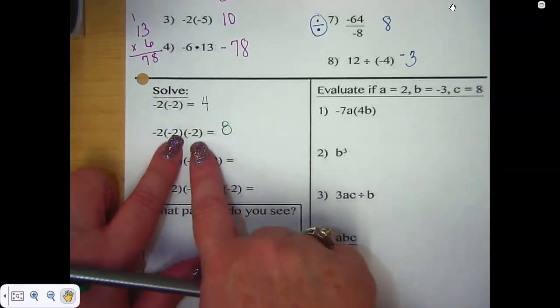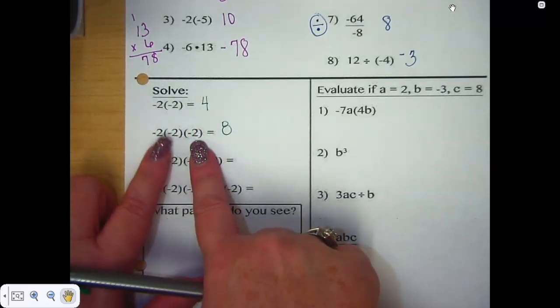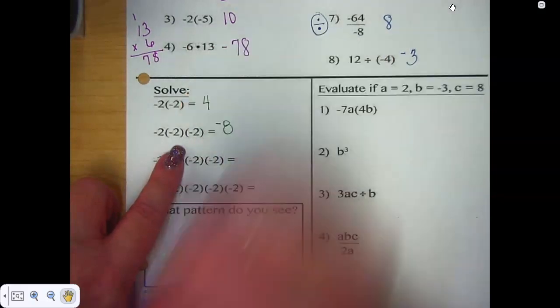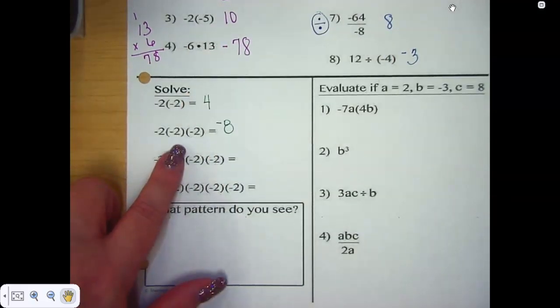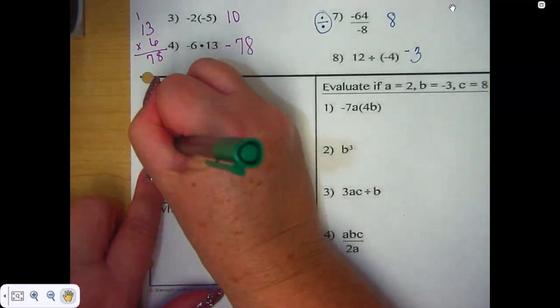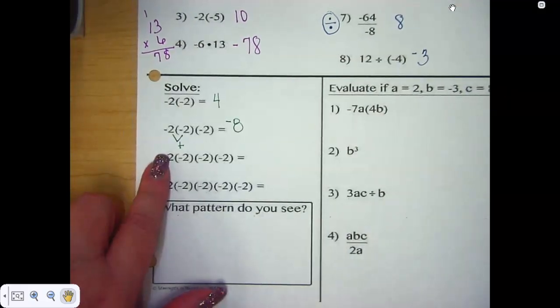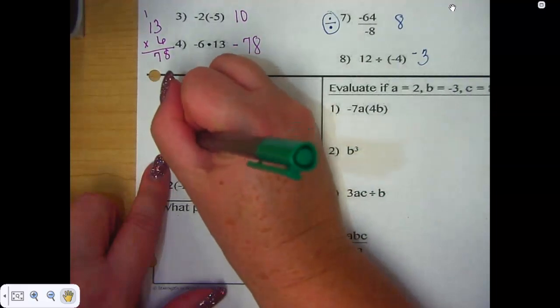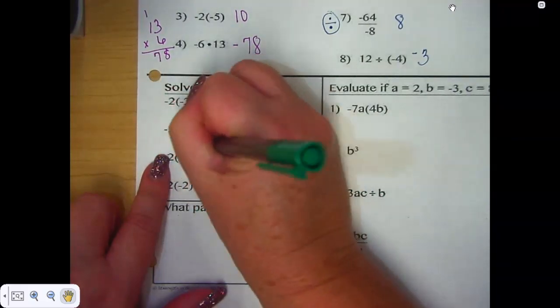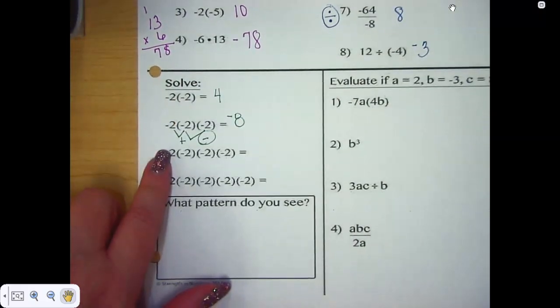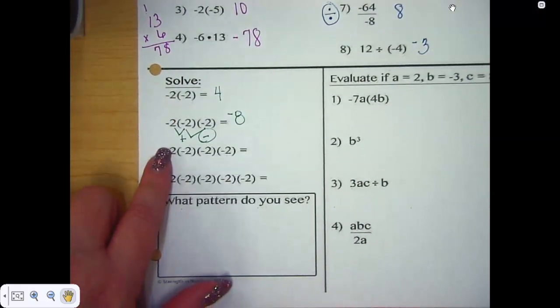Positive 4 times negative 2. So the signs are different now, so our product has to be negative. Did that make sense? A negative times a negative, I got a positive. And then this positive times a negative now gives me a negative product. Everybody good with that?